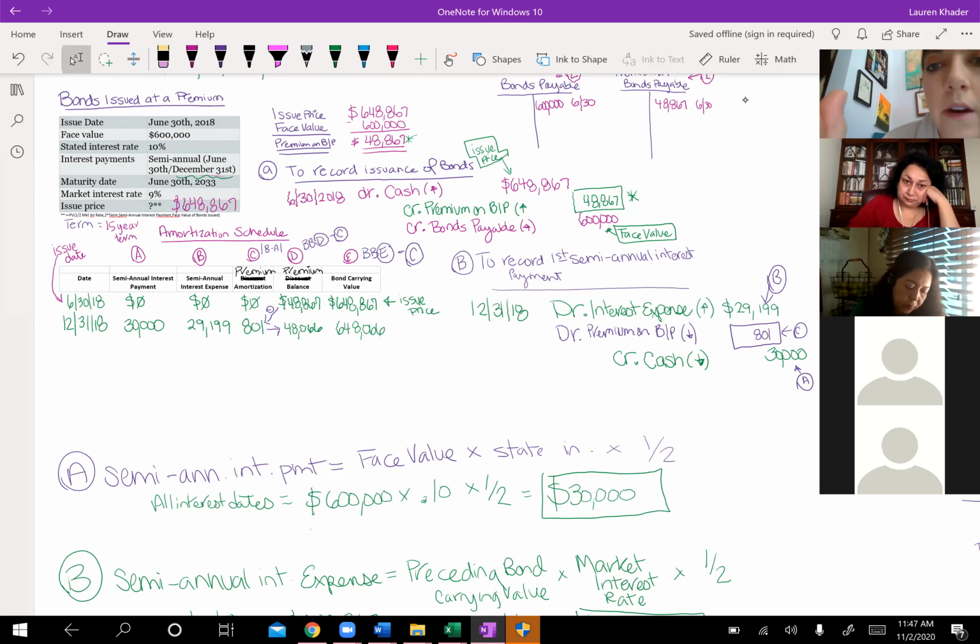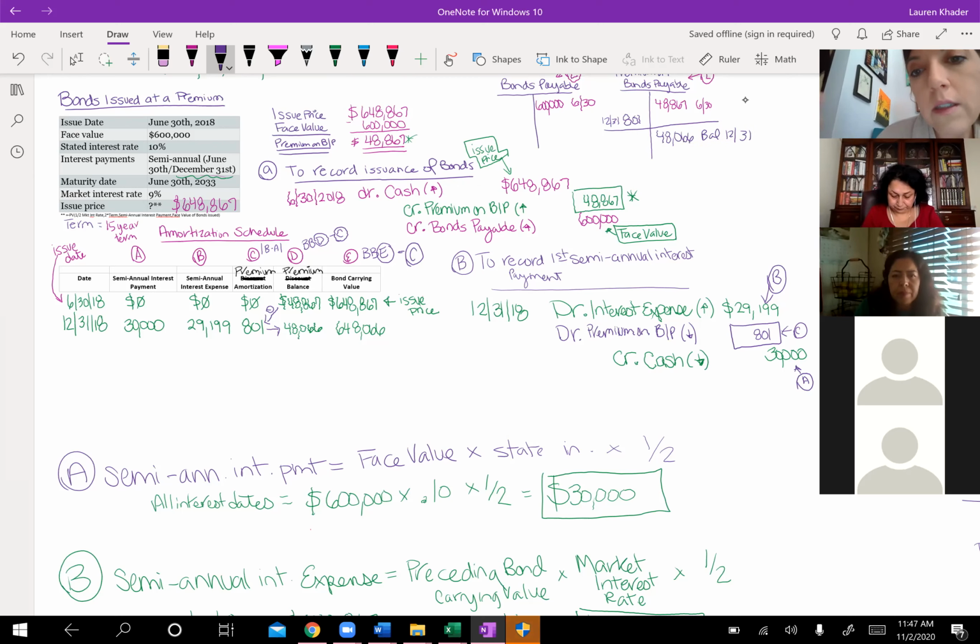If I go up here, the premium balance is reduced on December 31st. So my new premium balance becomes 48,066 at December 31st. Exactly what it shows in the amortization schedule.